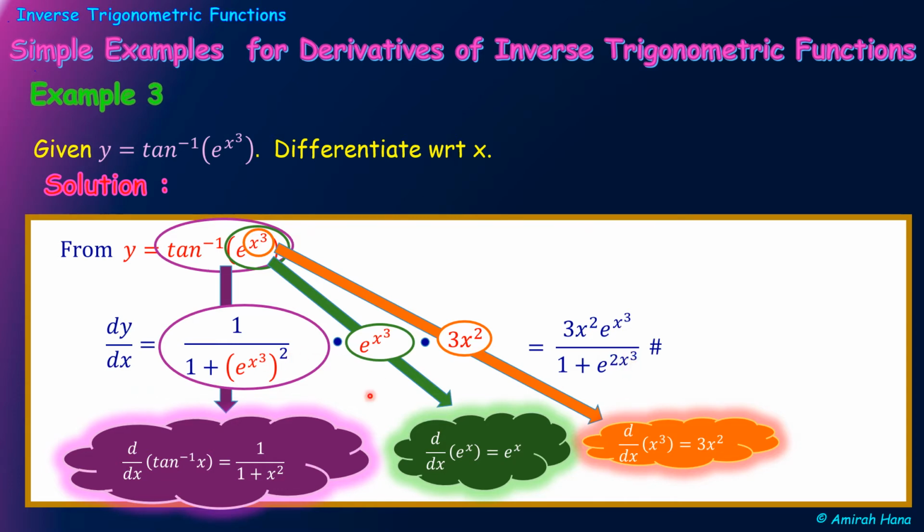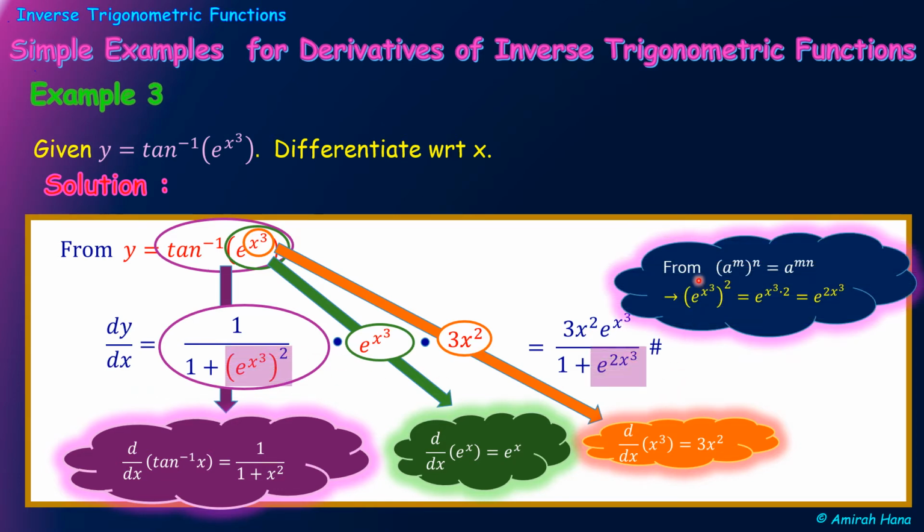How do we get this? From properties of indices, a to the power of m, bracket to the power of n. What should we do? We multiply the exponent.